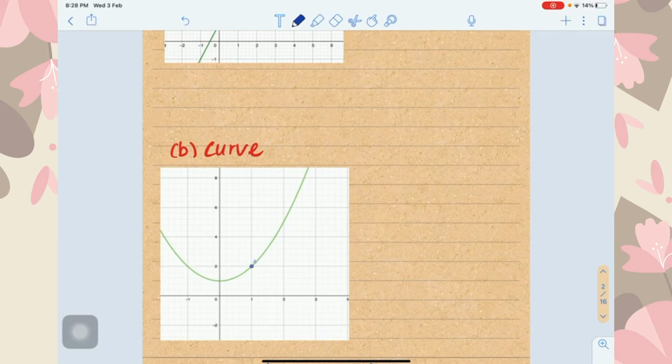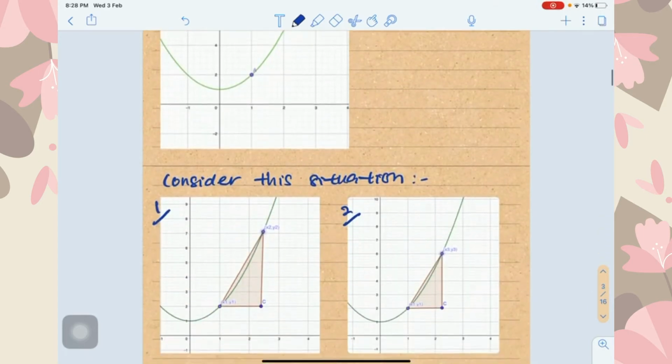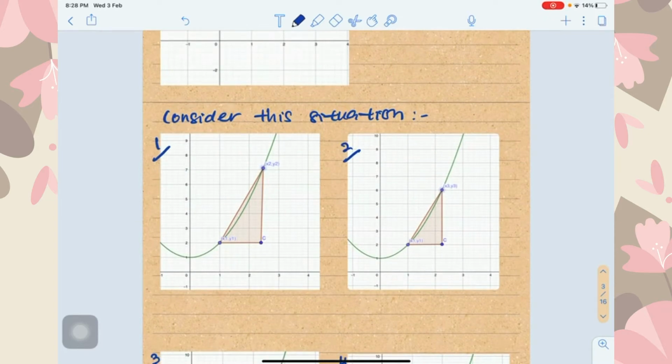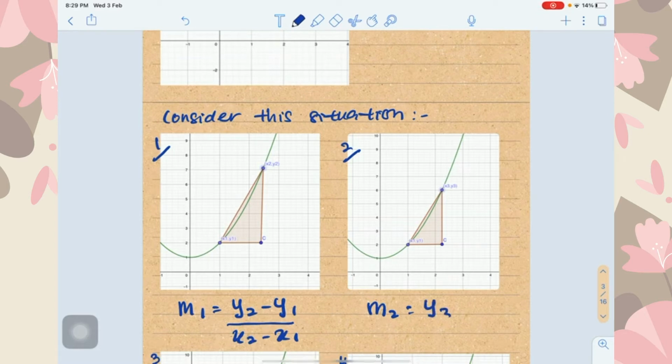So let's consider all these situations. Situation 1, we have points (x1, y1) and (x2, y2). So gradient 1 equals y2 minus y1 over x2 minus x1. Situation 2, gradient 2, we have coordinates (x1, y1) and (x3, y3). So gradient equals y3 minus y1 over x3 minus x1.